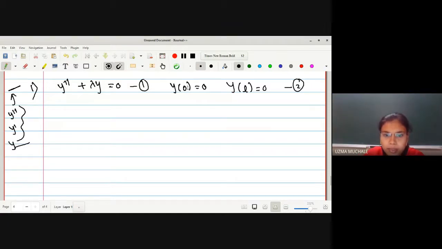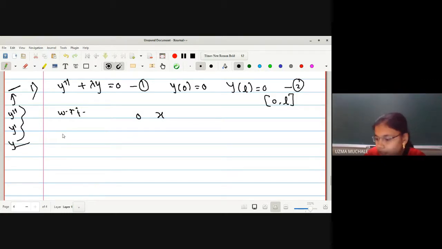That is, it is within the limits 0 to l, where a is 0 and b is l. So let me write down now: integrating within the limits 0 to x, just like a to x we have done. After that we have to put x equal to b. Now what is b in this case? b in this case is small l.